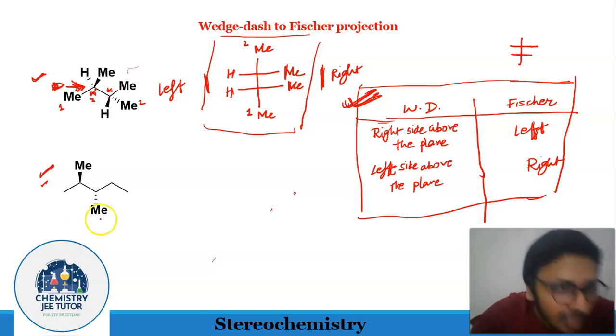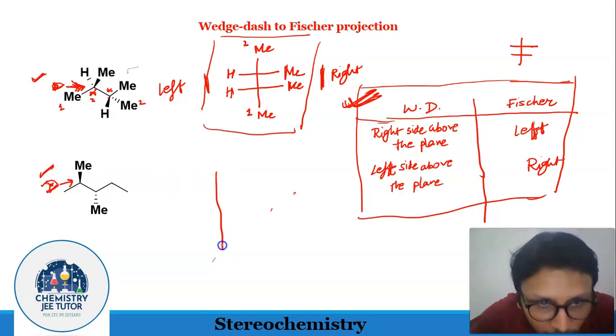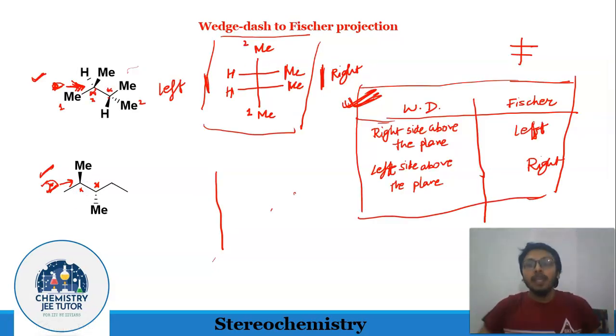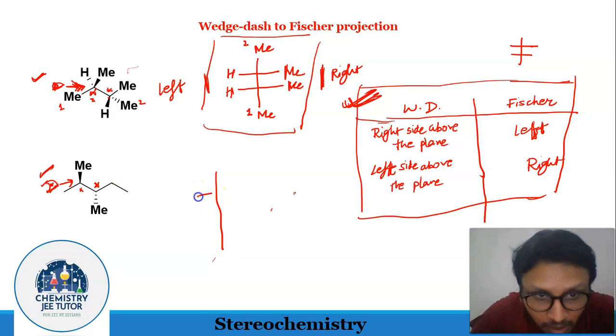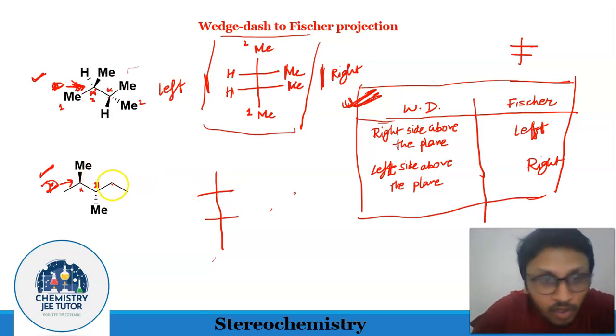Let us see here. Suppose again I put my eye here and I see through this side. So first I draw the vertical plane. How many intersections are there? 1, 2. Again, as I said, only those intersections which have a substitution will be drawn in a Fischer projection. See here, this carbon has no substitution, so it does not enter into the intersection of the Fischer projection.